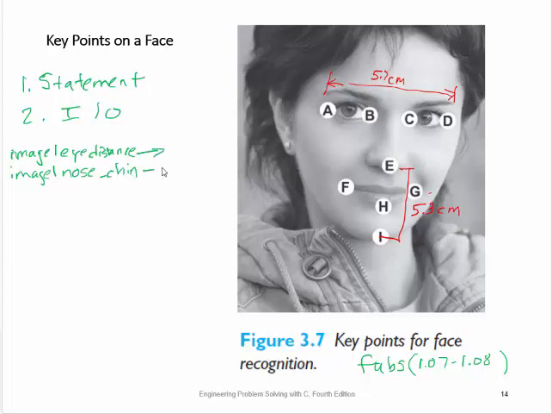That's an input, that's an input. And the same thing happens for image 2, and the same thing has to happen for image 3. So there are 6 inputs needed for this program, which are dimensions from 3 different images.